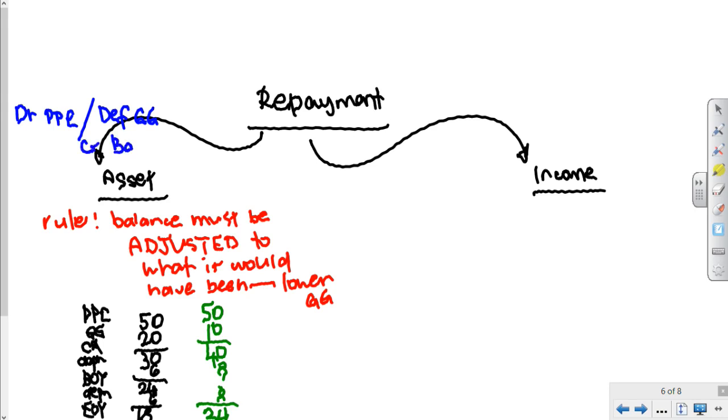That's going to be my entry. So, if I start with this balance of 18, I'm going to have a repayment, and the repayment is 10. So I'm going to land on 28. The repayment makes my asset bigger.